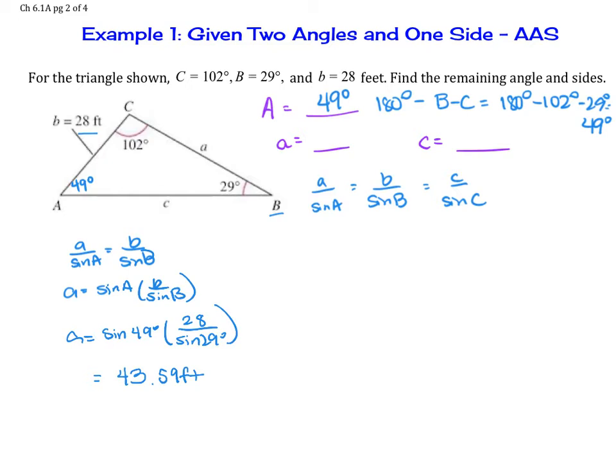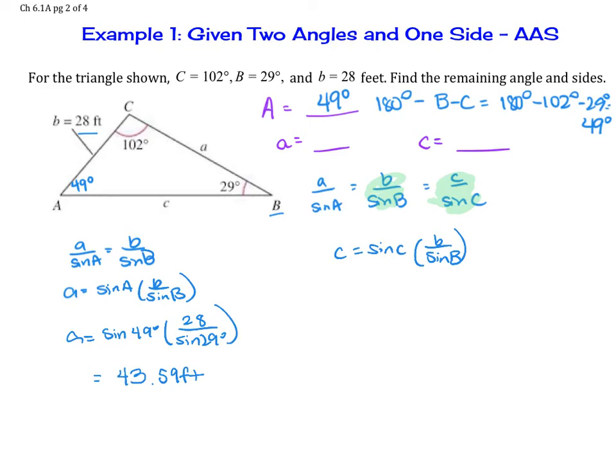Then the next one, we need to find c. So I can write c equals sine of C times b over sine of B. I hope you can see how I just manipulated it. I'm using b here and c here, and I just multiplied by sine of C on both sides in order to solve for the side c.